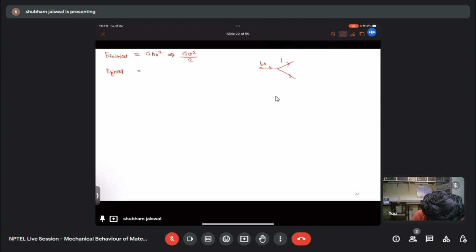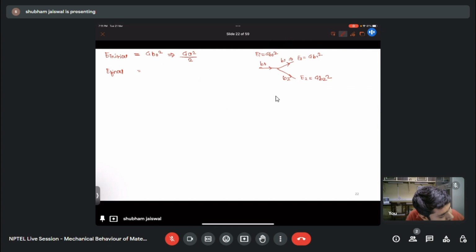This is b naught, let's say this is b1, this is b2. So this is energy initial equal to G b naught square, and here E1 equal to G b1 square and E2 equal to G b2 square.